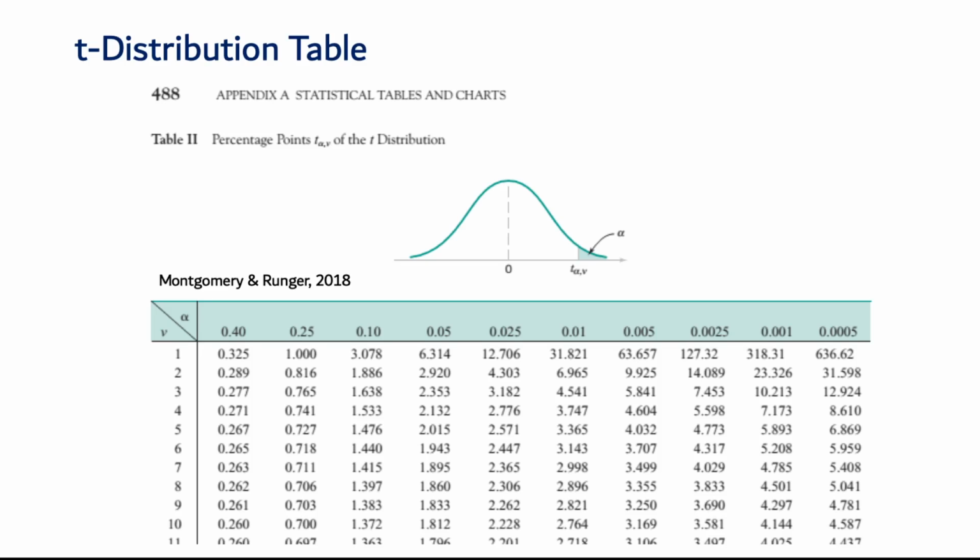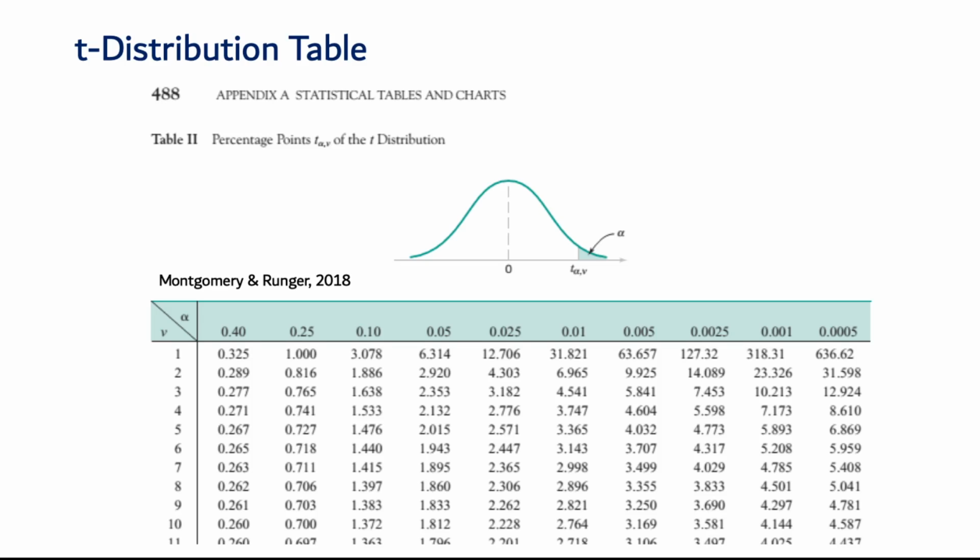Now, how to find the value of the random variable t? We can use a table. Here is a table of the t distribution, also known as the Student's t distribution. The first column on the left shows the degrees of freedom of the distribution, while the first row above shows the probability value or the significance level.